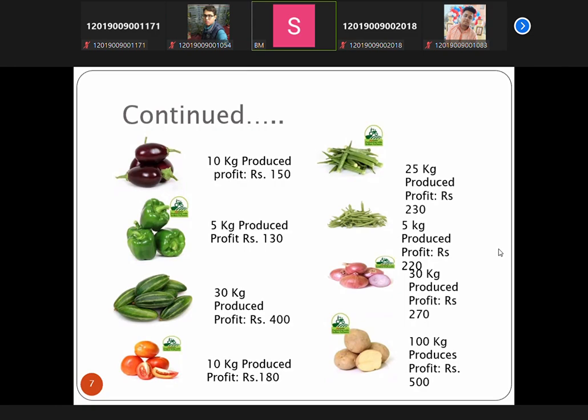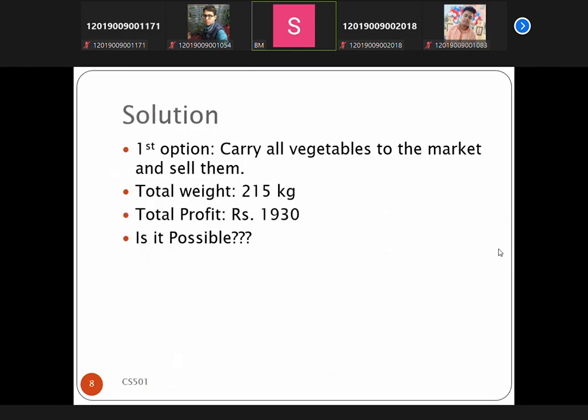If you can identify that, and then based on that ratio, if you take the elements, then you will be in the most profitable situation.